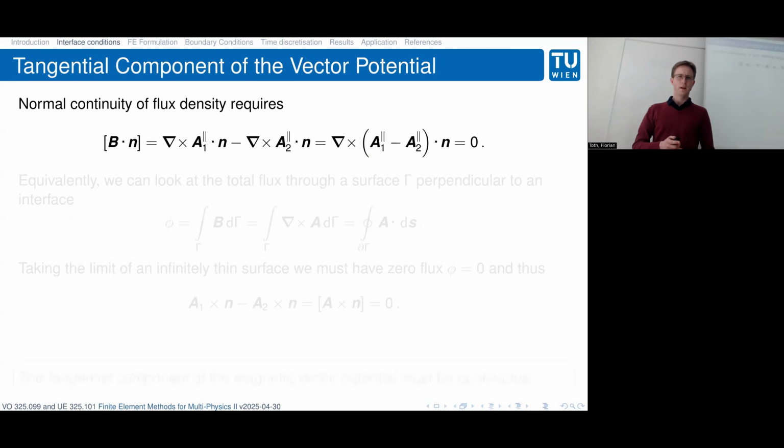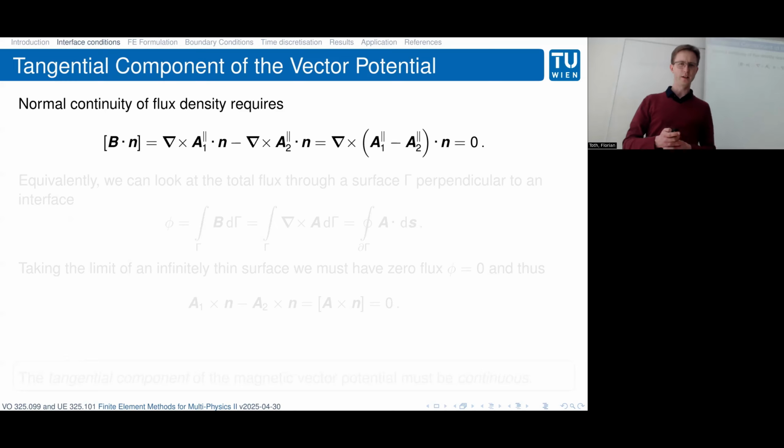Okay. When we now look at the tangential component of the vector potential, we can look at the normal continuity of the flux density. So we actually want to compute this physically required transition condition.